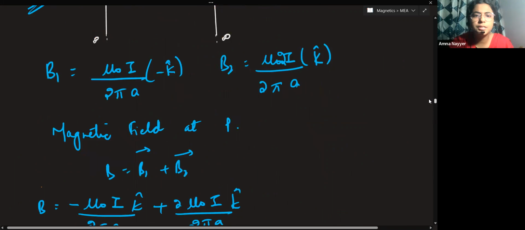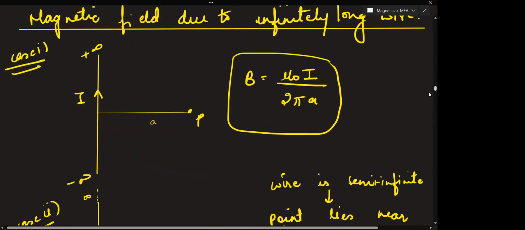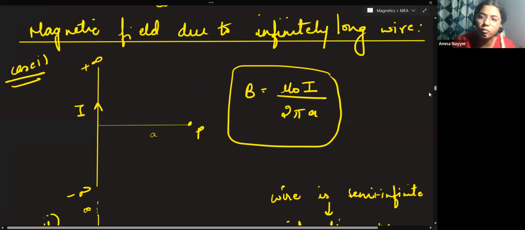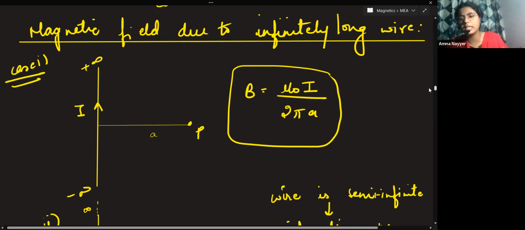See, let's just quickly see. This was the case for an infinitely long wire. The difference between infinite and semi-infinite arises in the denominator. In case of an infinitely long wire, you have mu naught I by 2 pi a. In case of semi-infinite, that becomes mu naught I by 4 pi a.